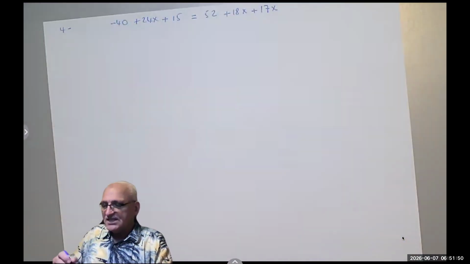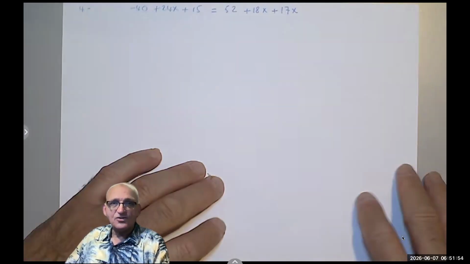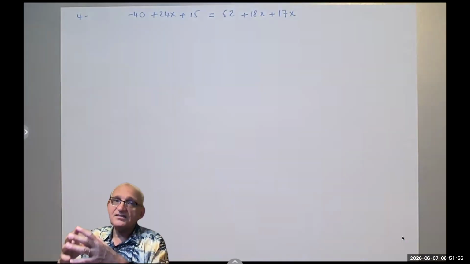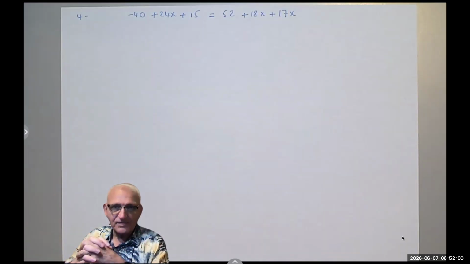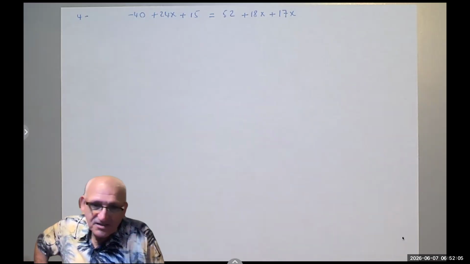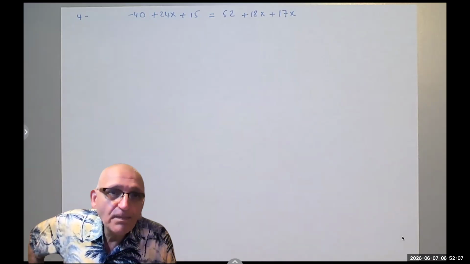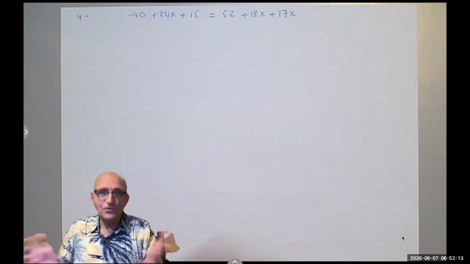So what we need here, as we learned, is to have all the x's on one side and the constants on another side, so the problem would be easy to solve. There are many ways to do it.